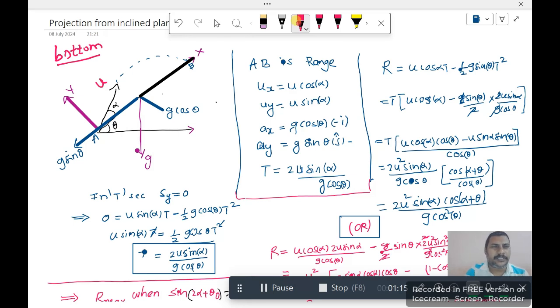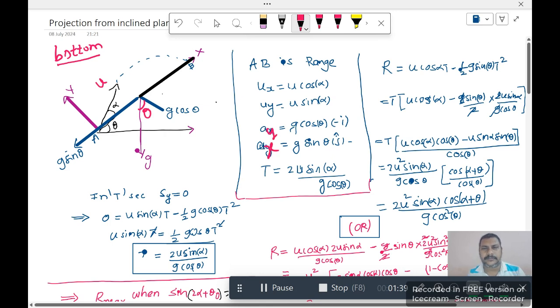Here this angle is 90 minus theta, and this is also theta. Therefore g cos theta is perpendicular to the incline, and parallel to the incline g sin theta. This is ax and ay. ay is equal to g cos theta and ax is equal to g sin theta. So this is i cap and this is j cap. The minus represents directions.